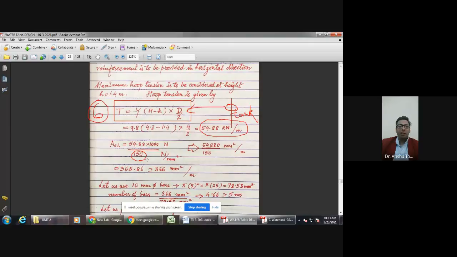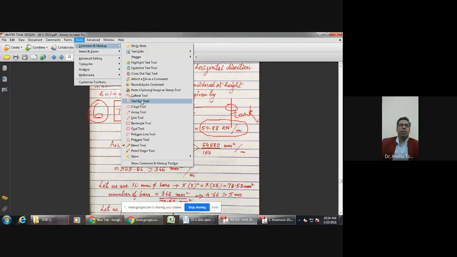Now we are assuming here in the horizontal direction that all the hoop stress is resisted by the tensile reinforcement. So whatever tensile force you are getting, let me explain it this way.